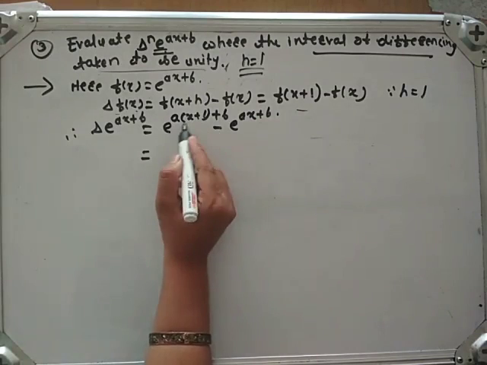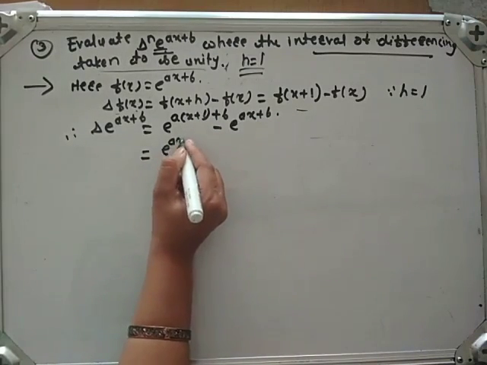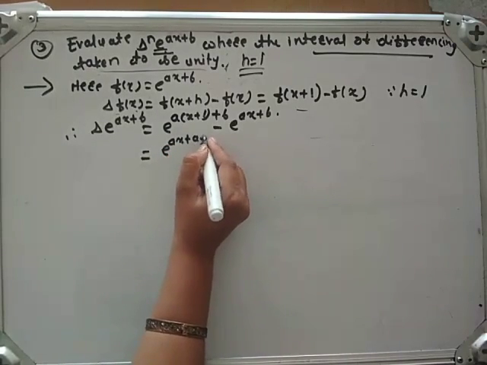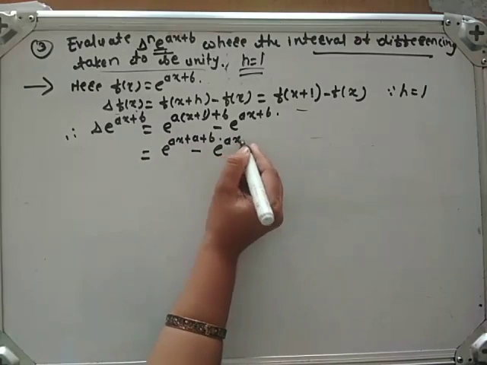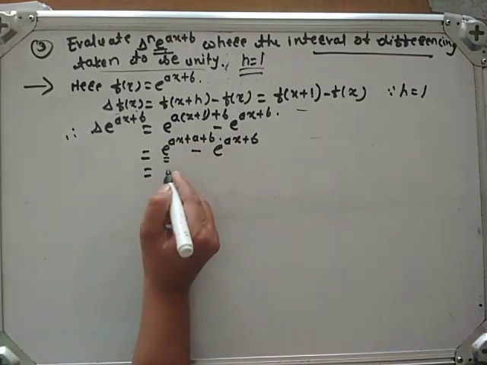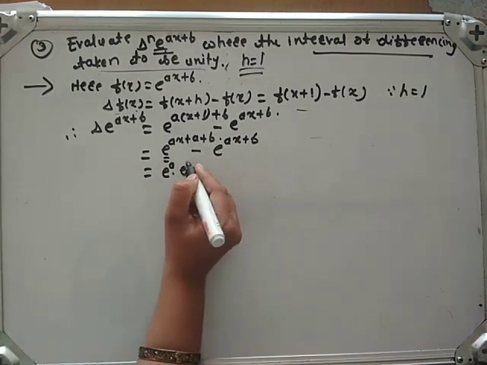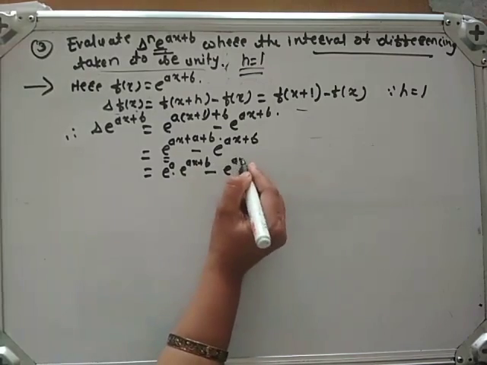After simplifying this we get e raised to ax plus a plus b minus e raised to ax plus b. This term can be written as e raised to a into e raised to ax plus b minus e raised to ax plus b.